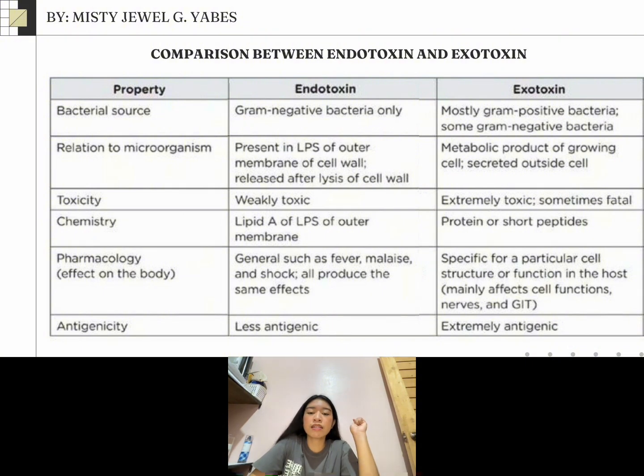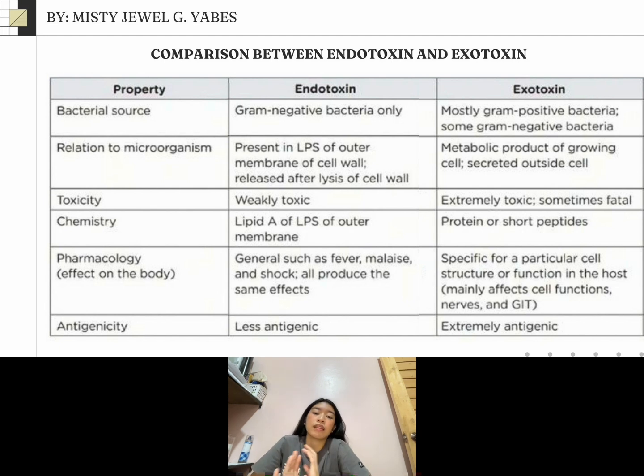So, in terms naman sa ating toxicity, mas toxic ang ating exotoxin kasi pwede din siyang maging fatal, and ang ating endotoxin ay weakly toxic naman siya kesa sa ating exotoxin. So, dito naman sa chemistry, dito sa endotoxin, meron tayong lipid A of lipopolysaccharide of our outer membrane.